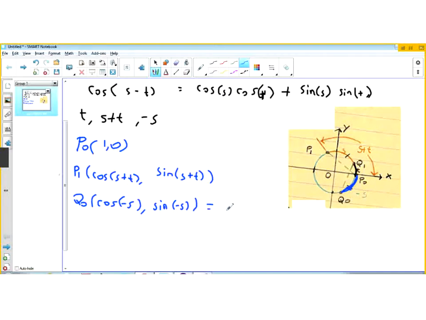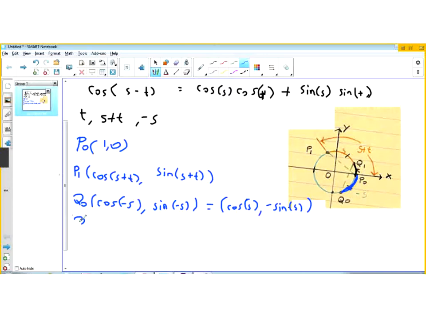Which, of course, using the even property of the cosine function, is just the cosine of s, and using the odd property of the sine function, the negative of the sine of s. All right, so we have that result.